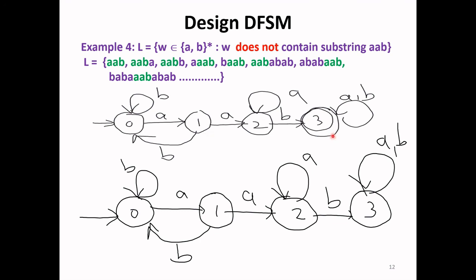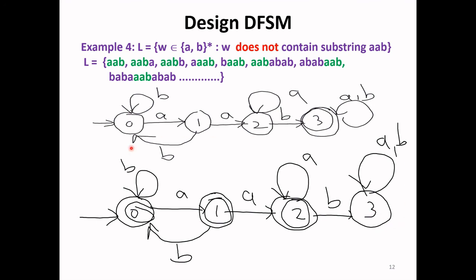That is, in the previous DFSM containing the substring AAB, the final state was 3, and the intermediate states were 0, 1, 2. Now, in this DFSM which does not contain substring AAB, we have to make 0, 1 and 2 final states and state 3 a non-final state.